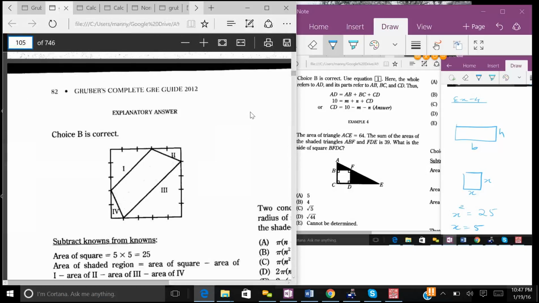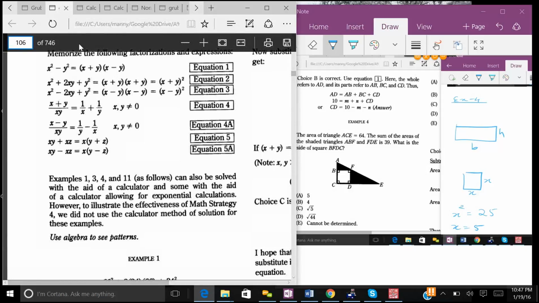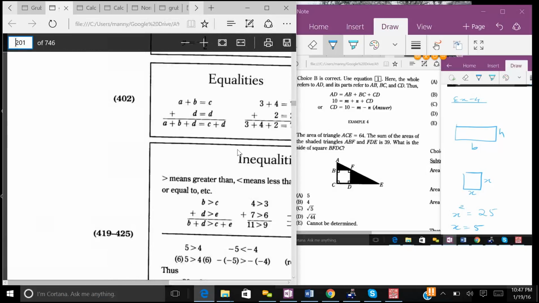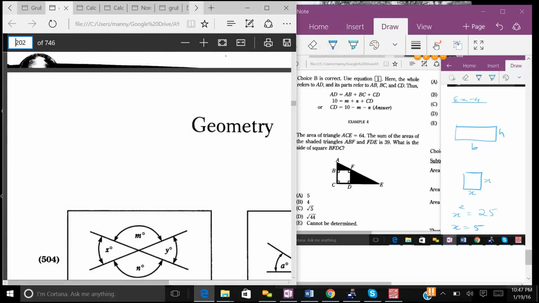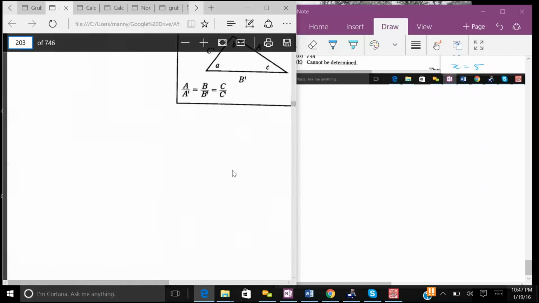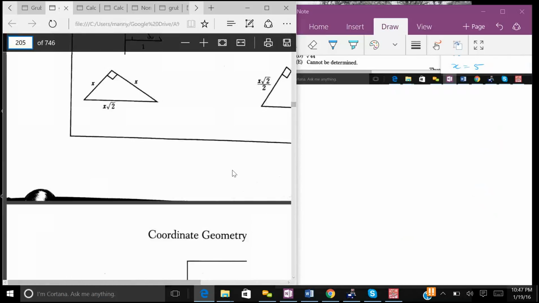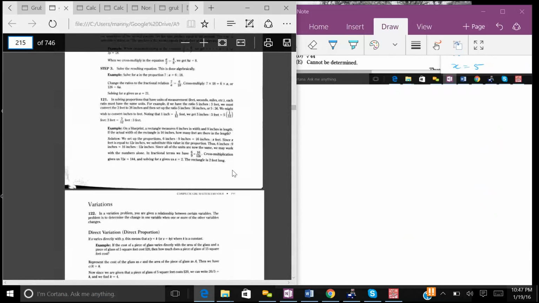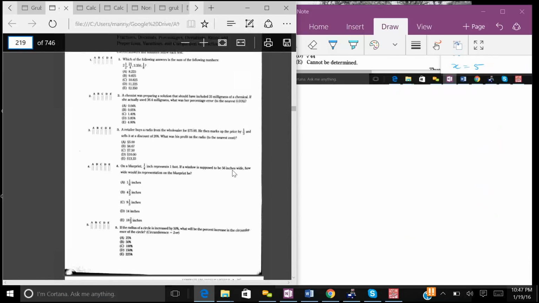Okay, I want to move on to a different section. Let's work on apps first.